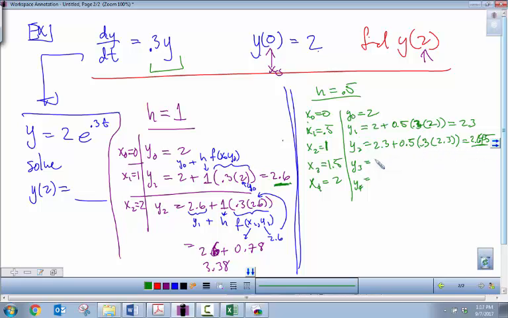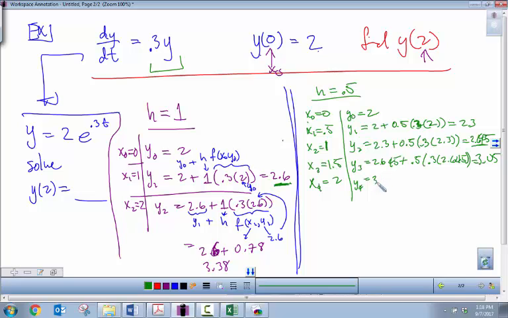Let's go one more. I guess we'll finish this off. 2.645 plus the h, 0.5, times the f function, 3 times 2.645. Gets a little tedious. But if you didn't have a computer back then, you'd do all these calculations by hand to get a more precise value. 3.05.